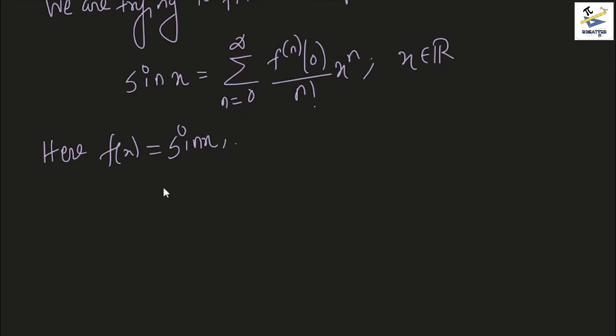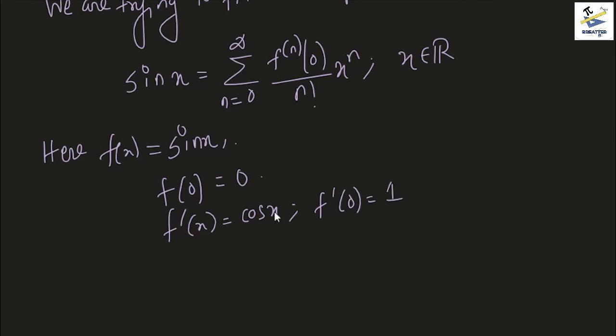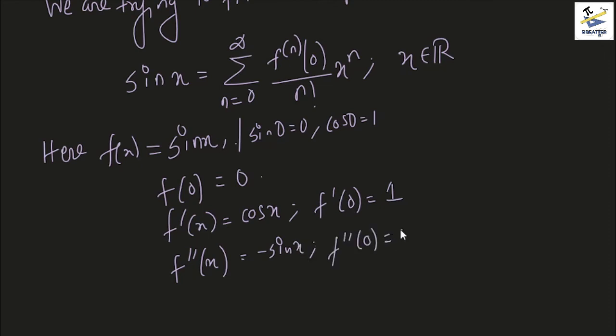So let us start with the first one. f(0) is 0, right? Now f dash x would be cos x, and f dash 0 would be 1. So this is a general thing that sin 0 is 0 and cos 0 is 1. We are just using that fact. Now the derivative of cos x again would be minus sin x, and this would give us f double dash 0 equals 0.